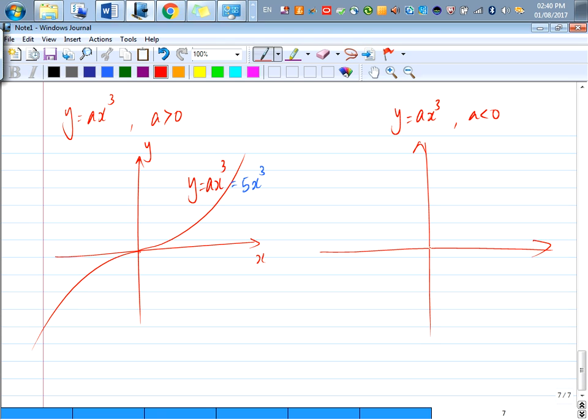I start from the origin again, slope downwards. Okay, then the other side, slope upwards. Make sure they are continuous. So this is y equals ax power 3. For example, it could have been negative 4x power 3. Okay?